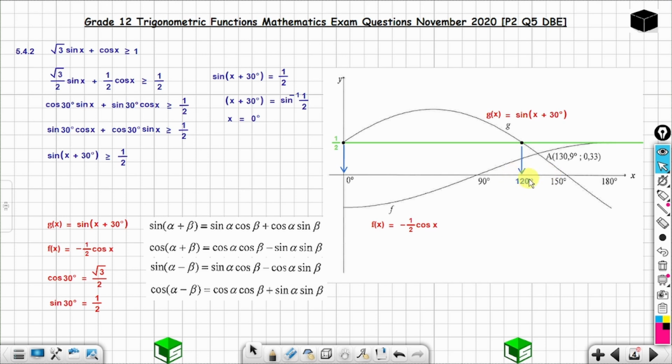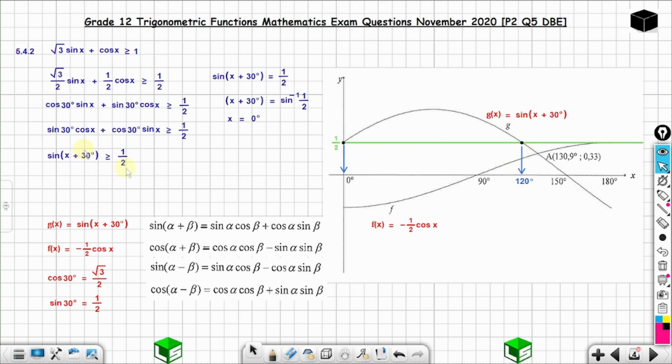If you plug 120 there, y is equal to 1 over 2. So when x is equal to 0 degrees, G is equal to 1 over 2. When x is equal to 120 degrees, G is equal to 1 over 2, or y is equal to 1 over 2.